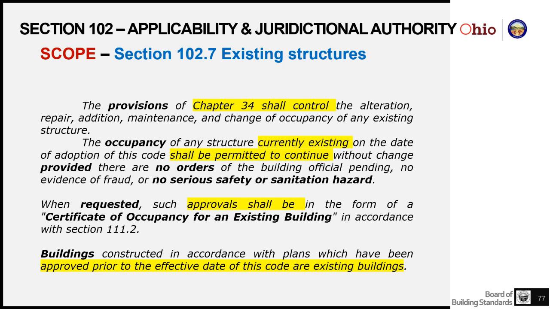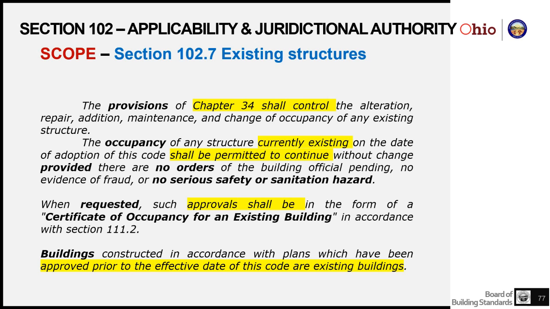If that building is existing and people are occupying it, using it, and there are no orders from the building department and no serious safety hazards, they can continue using that building, and they are not required by the building code to make any changes until they choose to make changes. If they want to alter it or repair it or add to it or change the occupancy within it, then they go up to Chapter 34.